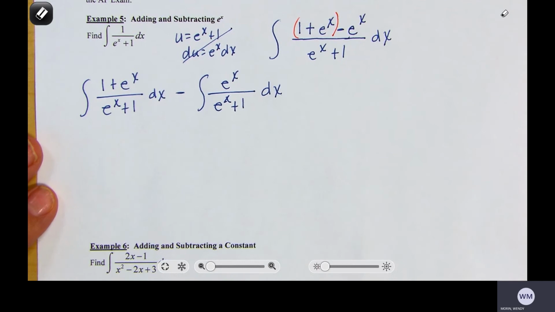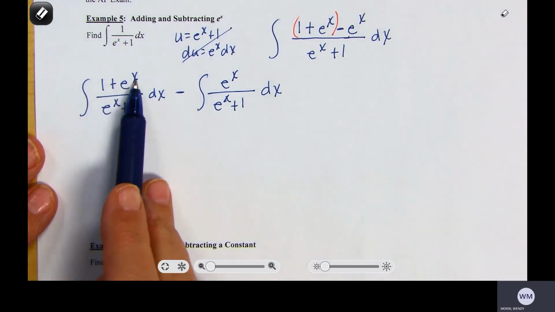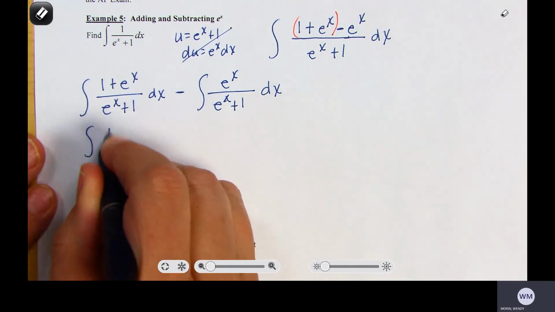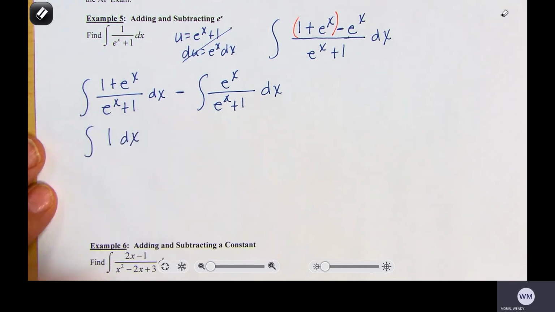Notice anything? 1 plus e to the x over e to the x plus 1. I'm asking you to integrate 1. That's what I'm asking you to integrate.